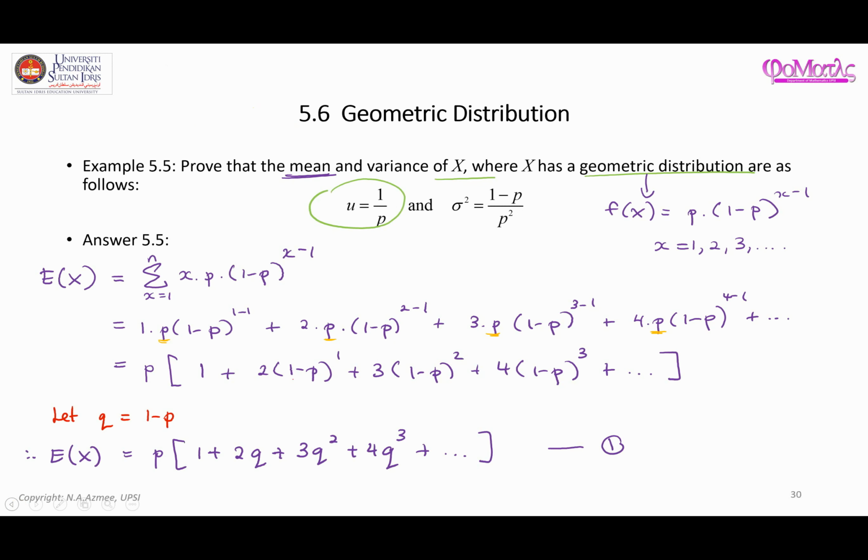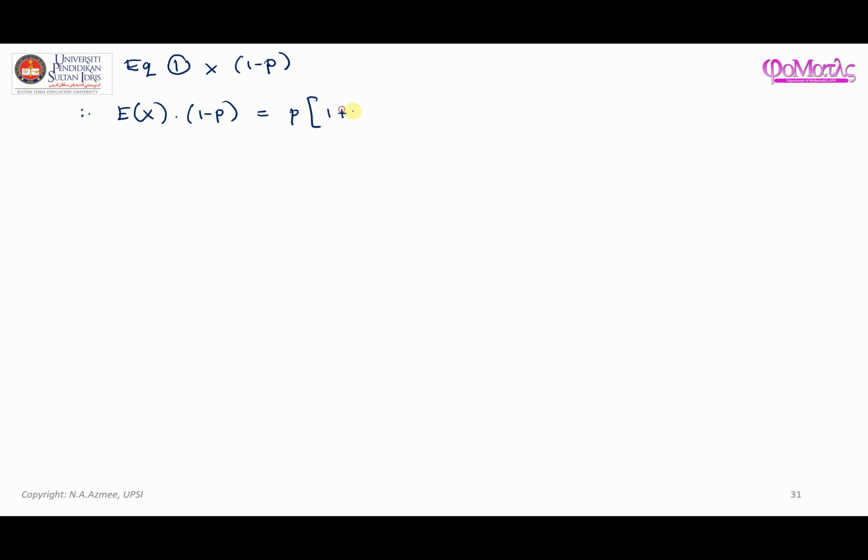Therefore, we have the expected value of x times 1 minus p on the left hand side. Next, the right hand side is p, and then we have 1 plus 2q plus 3q squared plus 4q cubed plus dot dot dot, which will also be multiplied by 1 minus p, right?